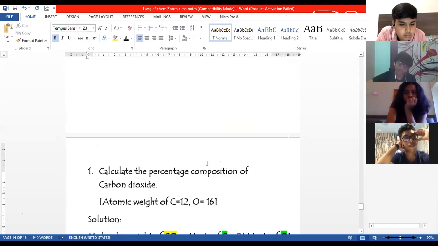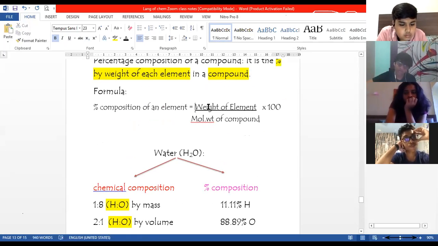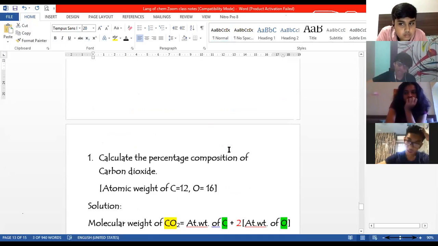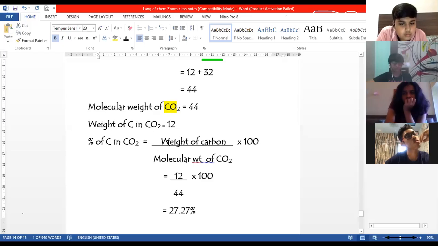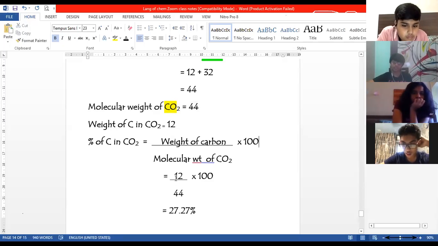Now, the formula says weight of the element. The formula of the compound is CO2, which contains only one atom of carbon. Weight of one atom of carbon is 12, and upon molecular weight of CO2, that is 44, into 100. So your formula becomes 12 upon 44 into 100.